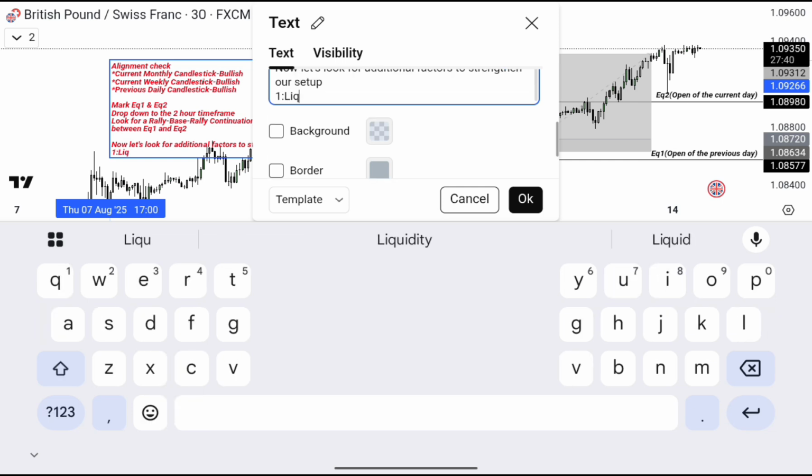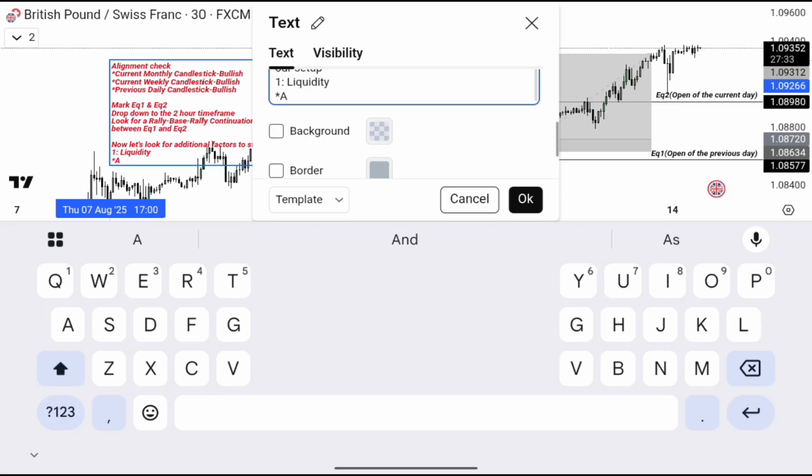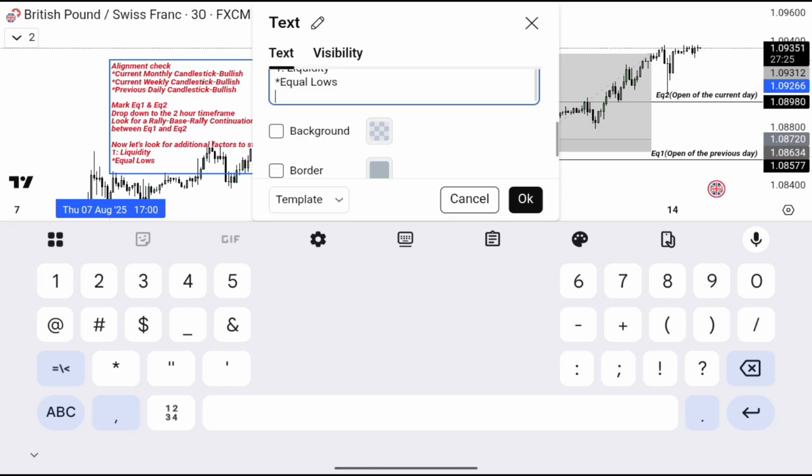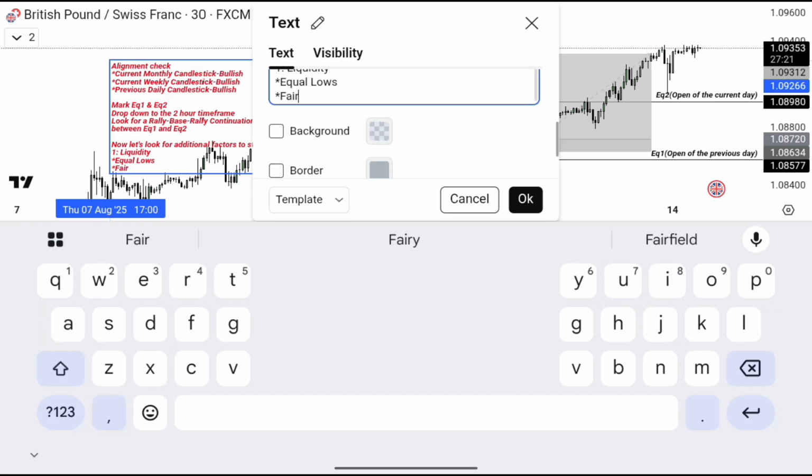So now, number one, the first thing that we need to check is liquidity, right? Remember, the market is being moved by liquidity. Price moves from supply to demand, from demand to supply, right?